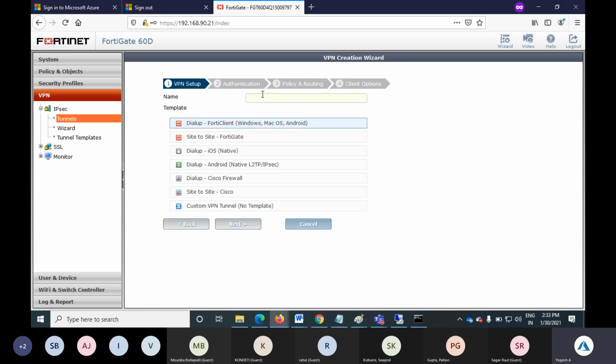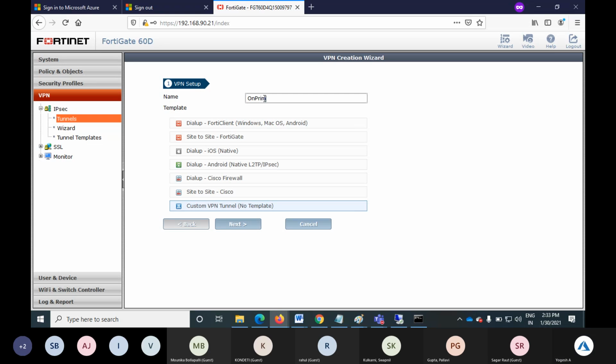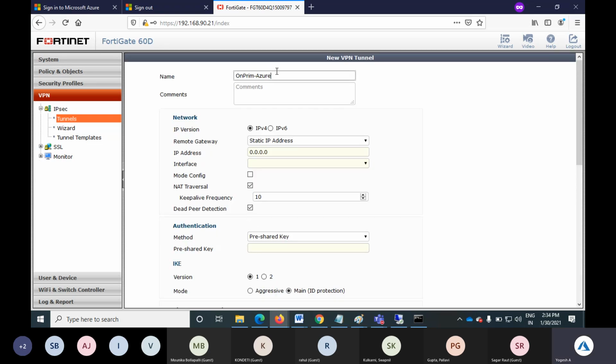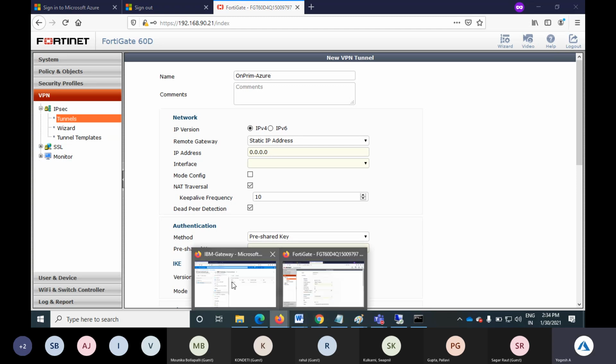So I'm going to use the custom tunnel, on-prem to Azure. So on-prem to Azure, what is the static IP from my Azure infrastructure?